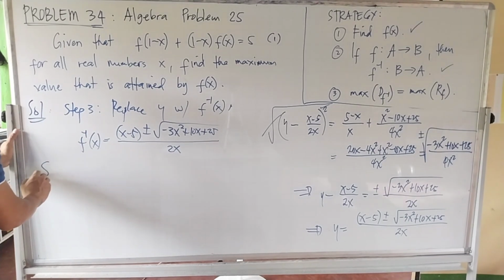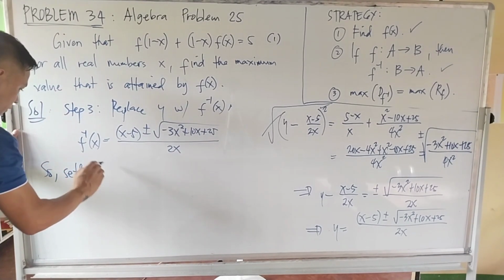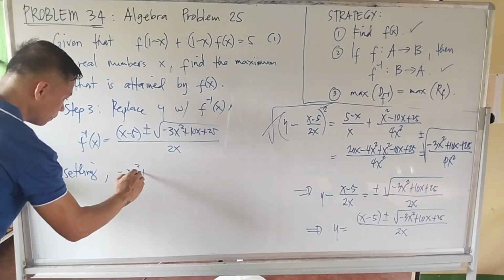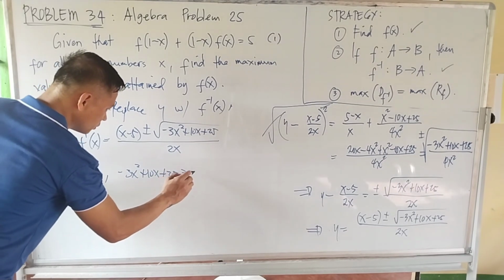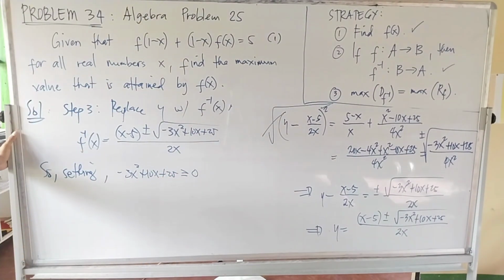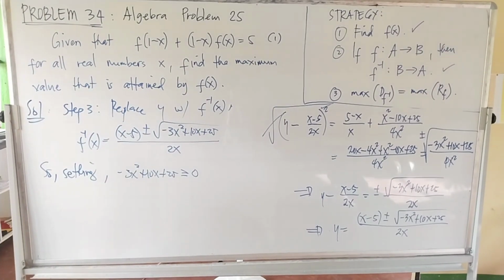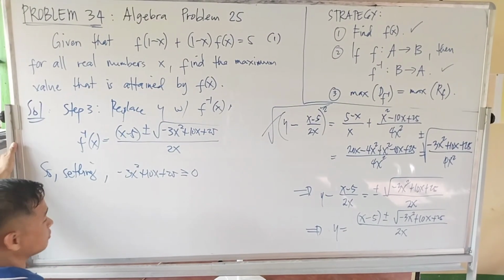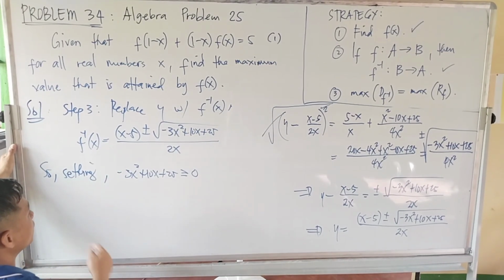So setting negative 3x squared plus 10x plus 25 greater than or equal to 0, then solving for x in this inequality, we're going to remove first the negative coefficient of x squared.